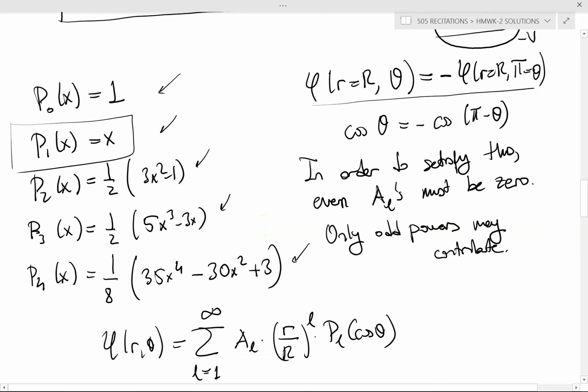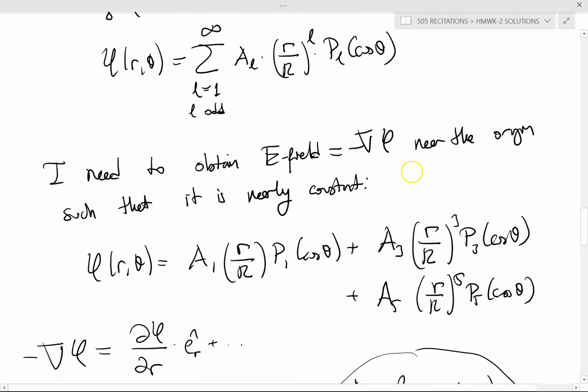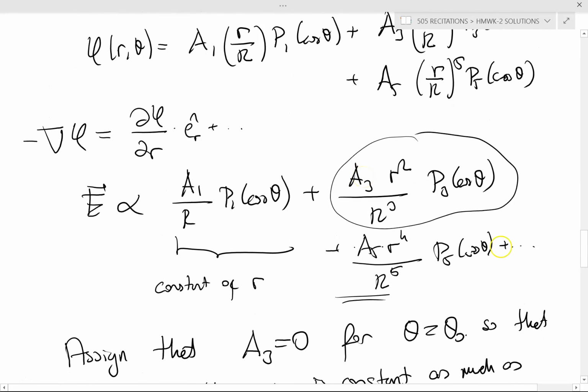But our purpose was not to find the general solution, but to design theta 0 such that the E field is almost constant, as constant as possible. But the most variation comes from the third order due to the E field equation of this form.